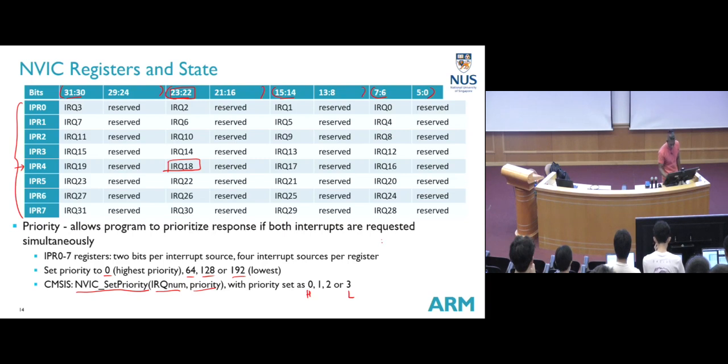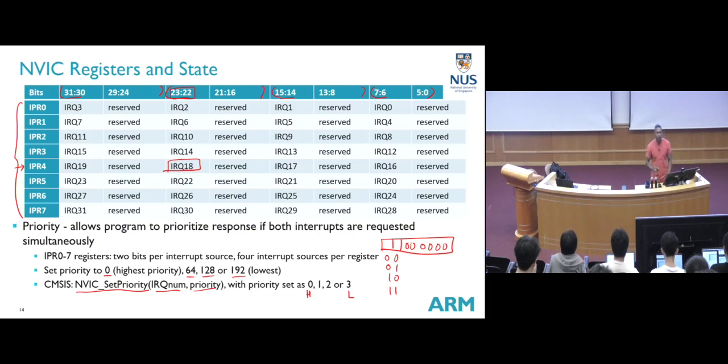Because only the upper 2 bits are used, and the rest are all zeros. So 0,0 is 0, 0,1 is 64, 1,0 is 128, and 1,1 is 192. If you look at it as an 8-bit value where only the upper 2 bits are changing, then 0, 1, 2, 3 translate to these 4 numbers. That's how you relate 0, 1, 2, 3 to 64, 128, and 192. Later in the code, we will see how these calls are made.